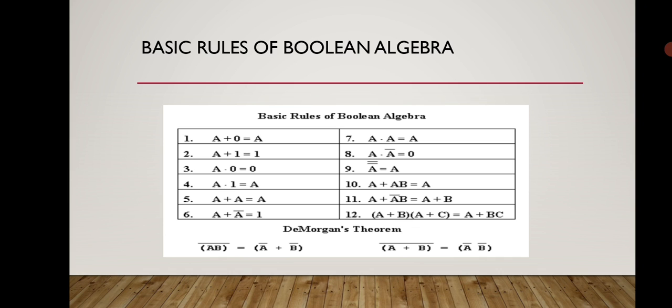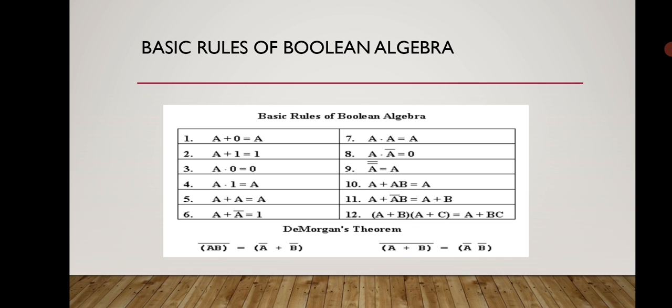So the first one, a plus 0 is equal to a, meaning when you add 0 to a, it will be a only. If you add a with 1, the higher value, the true value, the overall value will be 1. If a is multiplied with 0, it is 0. If it is multiplied by 1, it will be a.